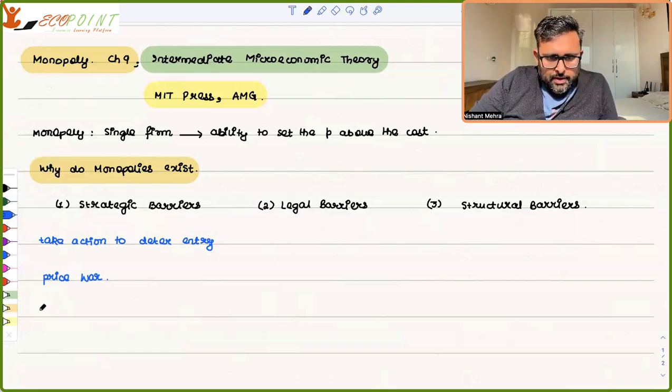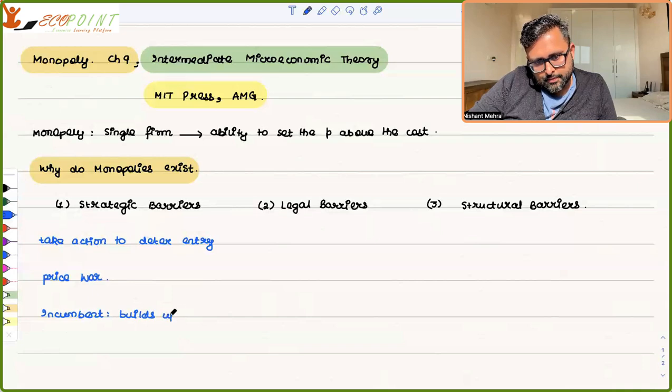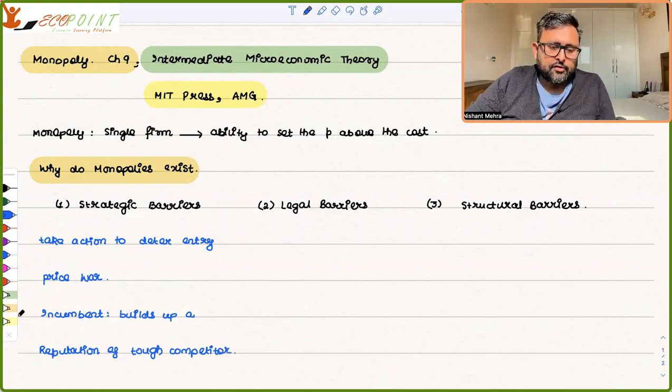So the incumbent builds up a reputation of a tough competitor.